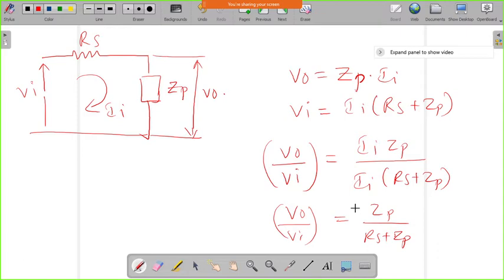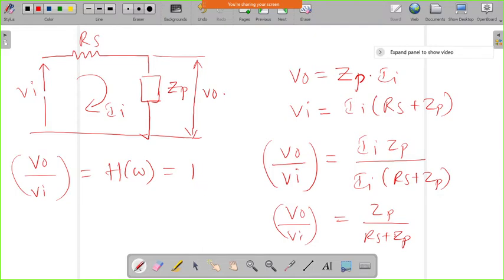And if I want to express it in dB, since it is a voltage ratio, we get 20 log of this. We can also call V naught by VI the transfer function, or frequency response of the circuit.